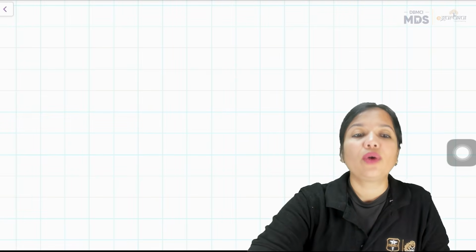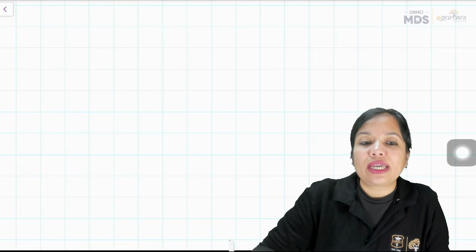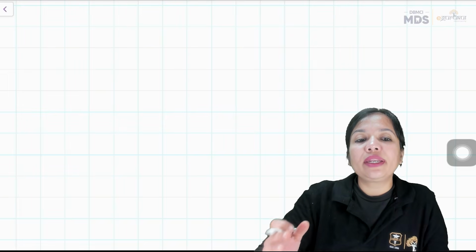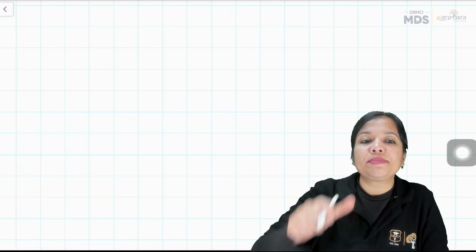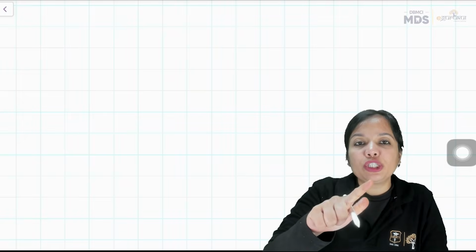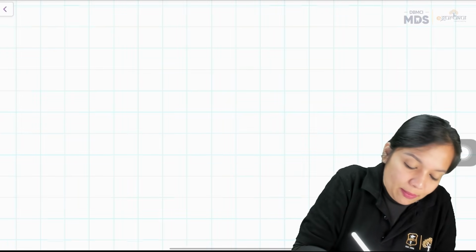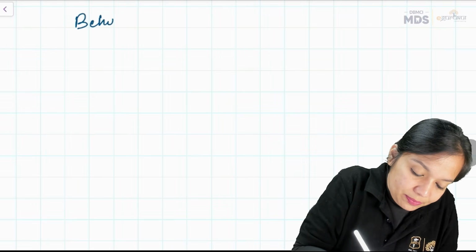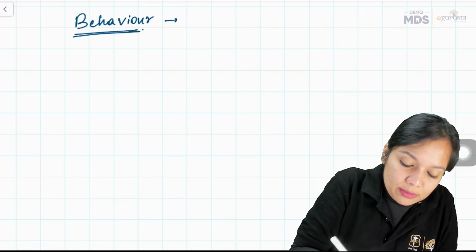Clear? Now, to understand the psychology, we are going to read about three definitions: behavior, behavior management, and behavior guidance. So, what is behavior?